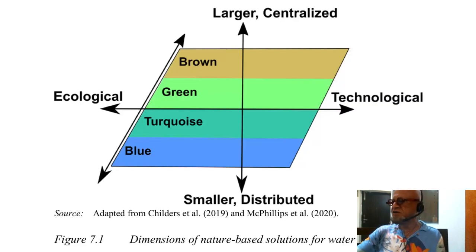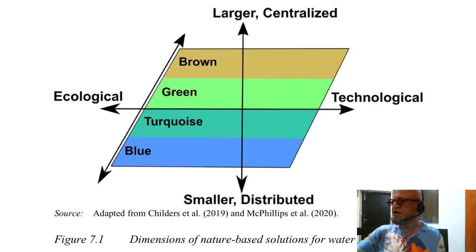So you can think of it as a desert color, dry soil color. Okay. So brown NBSs are more prevalent in arid regions where most vegetation requires water inputs, and they are still able to provide critical water-related services such as infiltration, temporary storage of water, and water quality improvements.